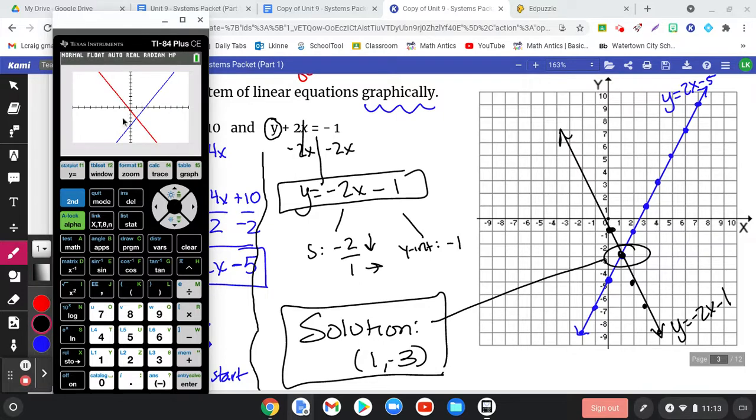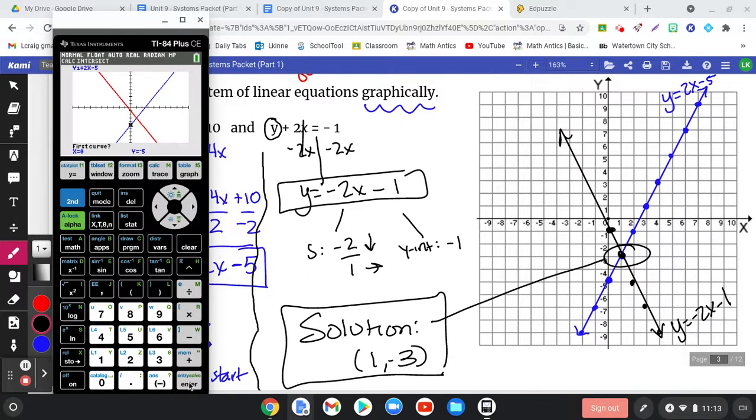Another thing you can do is, if you notice, these are all the graphing buttons. If you go to calculations right up here, to get to it, we'll have to hit second. So second, calc. Go down to intersect and hit 5.